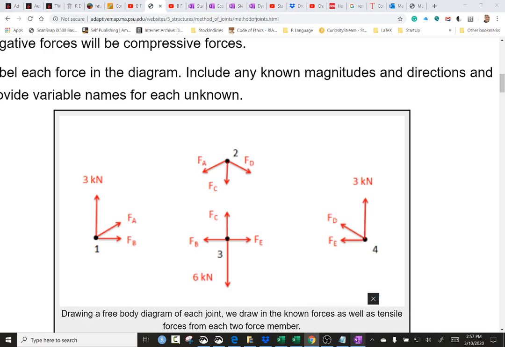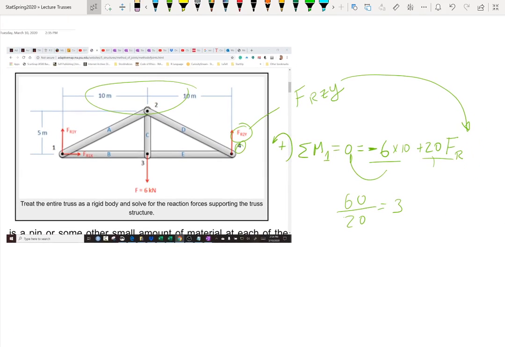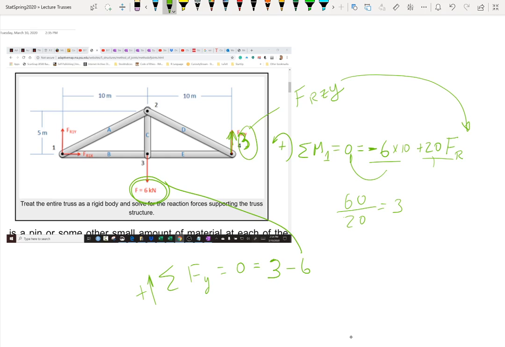It just so happens the next thing you could do is you could come in and say, well, if this in fact is 3, then sum of the forces in the y equals 0 tells you that this being positive tells you that 3 minus 6, here's your minus 6, here's your plus 3, plus this F resultant at the right side, which will be the value right here, that by nature has to be 3.